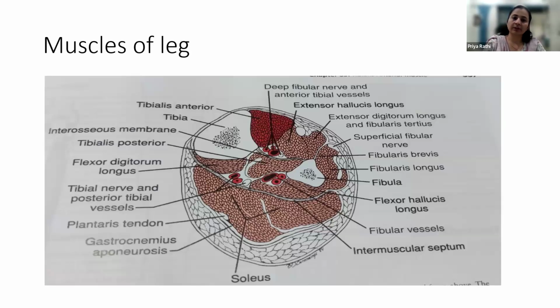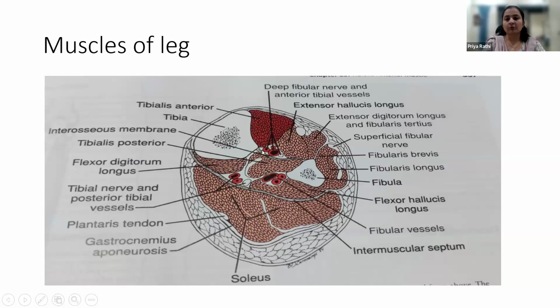Now, muscles of the leg. If you see the cross section, this is tibia, this is fibula. Just lateral to tibia would be your tibialis anterior. When we go a little more laterally, what we see is the extensor compartment. In the extensor compartment, the superficial one would be digitorum, the deeper one would be hallucis. Still lateral to that would be peroneus longus and peroneus brevis.